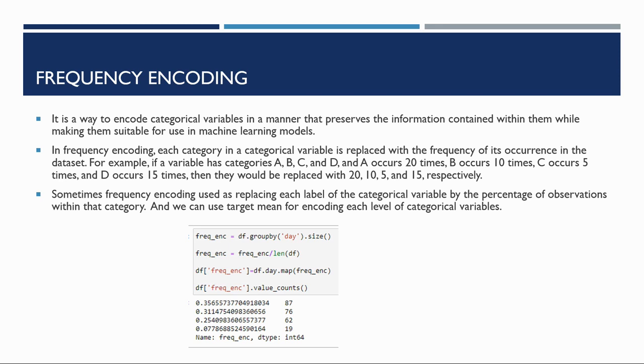And in some scenarios, we will divide it by the total length of the feature or the total length of the data, and we will get the percentage frequency and assign it to that particular category.